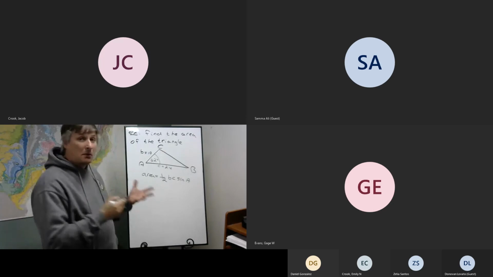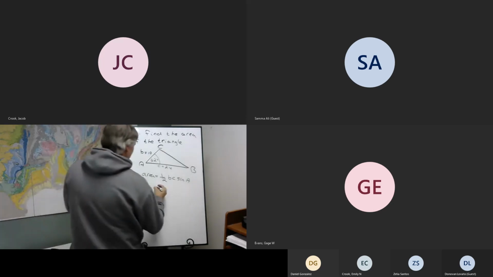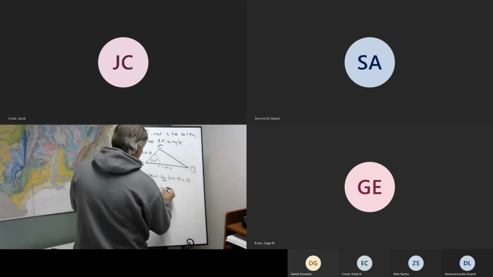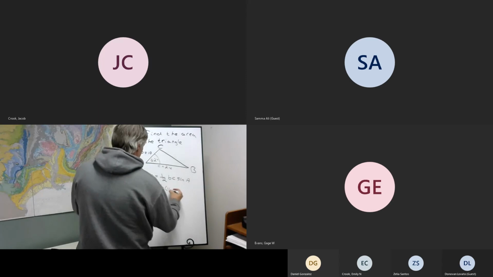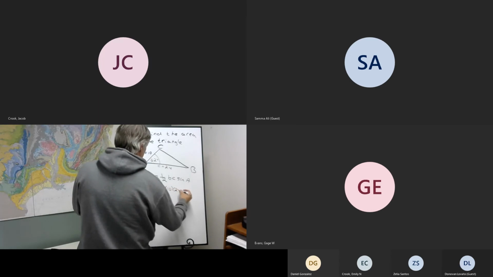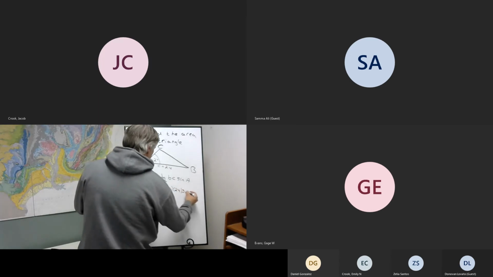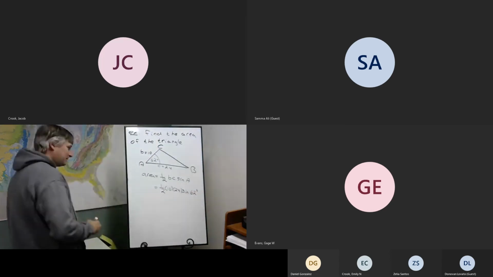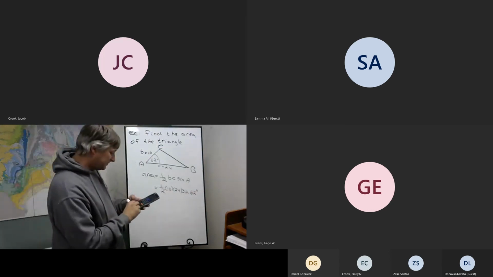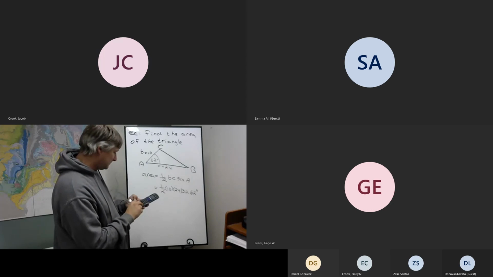So let's go ahead. Filling in what we have, 1/2. B is 10. C is 24. Sine of 62 degrees. Hammer that into the calculator.